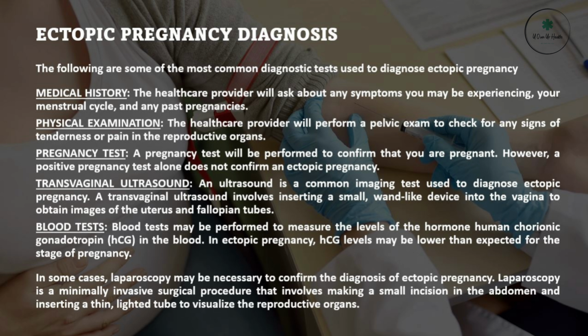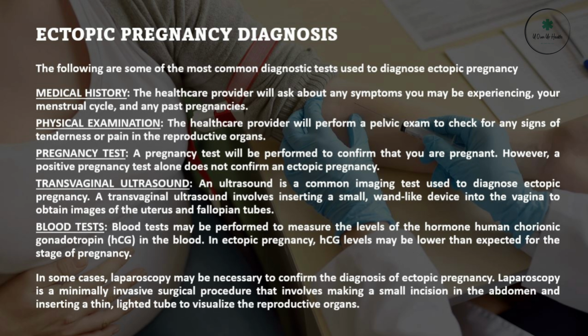Transvaginal ultrasound. An ultrasound is a common imaging test used to diagnose ectopic pregnancy. A transvaginal ultrasound involves inserting a small, wand-like device into the vagina to obtain images of the uterus and fallopian tubes. Blood tests. Blood tests may be performed to measure the levels of the hormone human chorionic gonadotropin (HCG) in the blood.